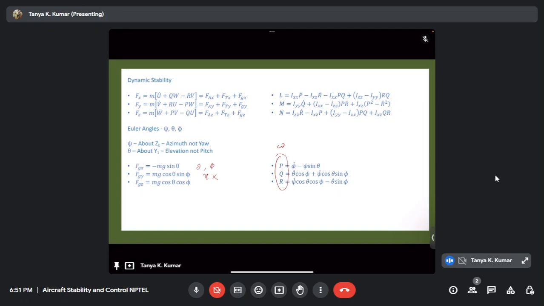It's about the ZE axis, where ZE is the inertial axis. So, how is xi defined? What is xi? How is xi defined and why is it not there in the gravitational forces?